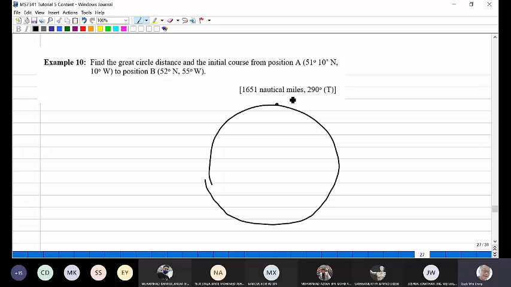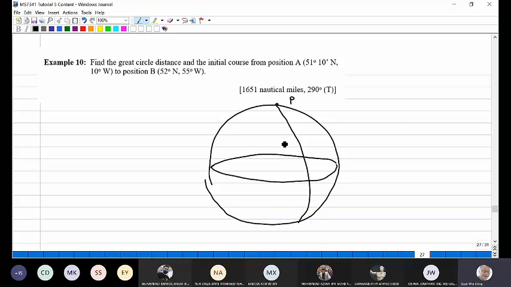So the North Pole is here, and this is the equator, and there's a point A. A is 51 degrees 10 minutes north and 10 degrees west. Let me put it somewhere here so that you can see better. So this is actually A here.